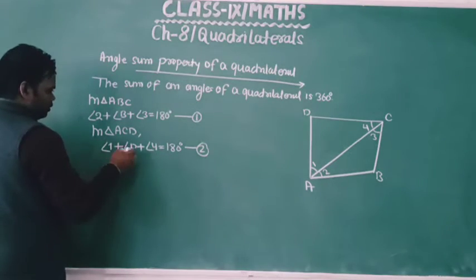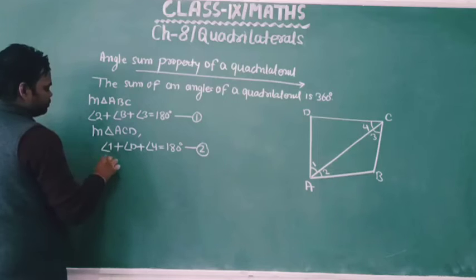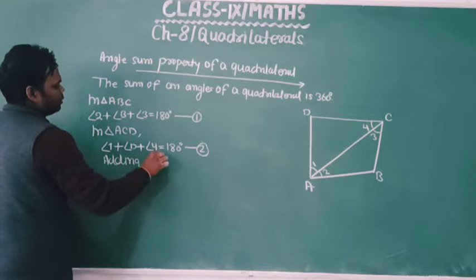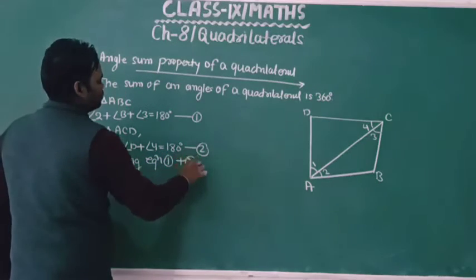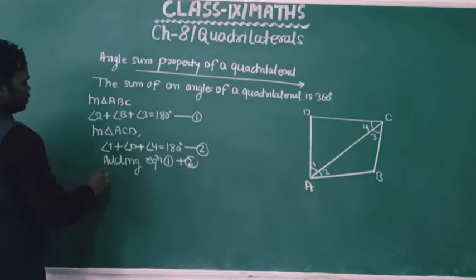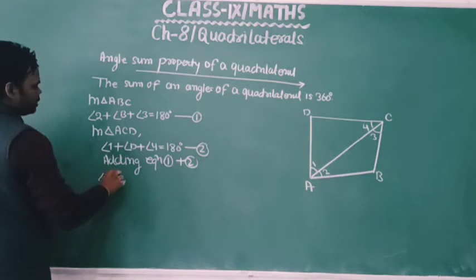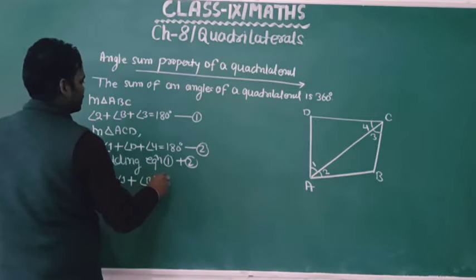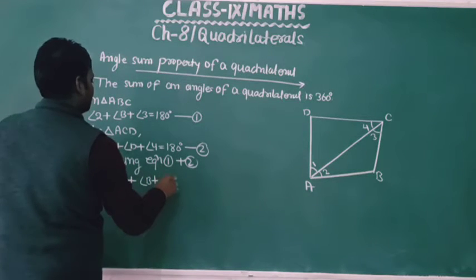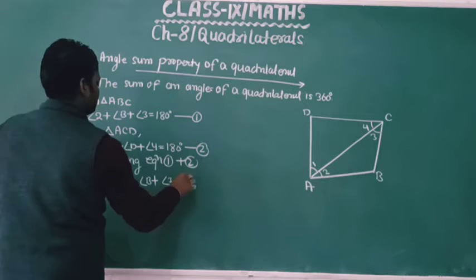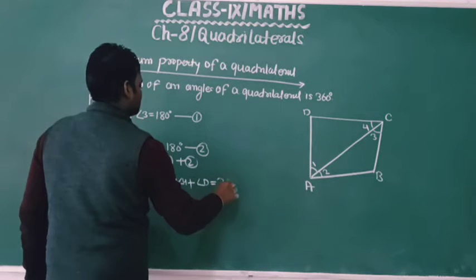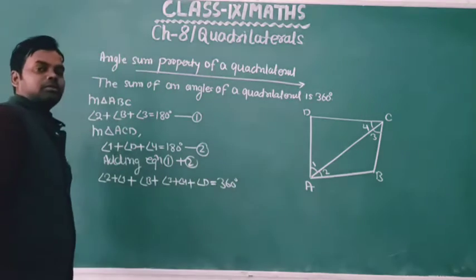So now add equations 1 and 2. So this is angle 2 plus angle 1 plus angle B plus angle 3 plus angle 4 plus angle D. This side is 360 degrees, 180 plus 180.